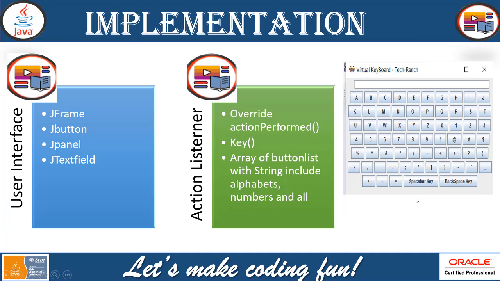Now let's take a look at the implementation. The implementation of the virtual keyboard is divided into two parts. First, we'll see the user interface, and the other part is the action listener, basically the main logic, where the communication happens between the interfaces or components. For the interface, we have used a JFrame for the window, JButtons for all the keys, a JPanel included in the entire frame, and the JTextField where we take all the user input from clicking the keys.